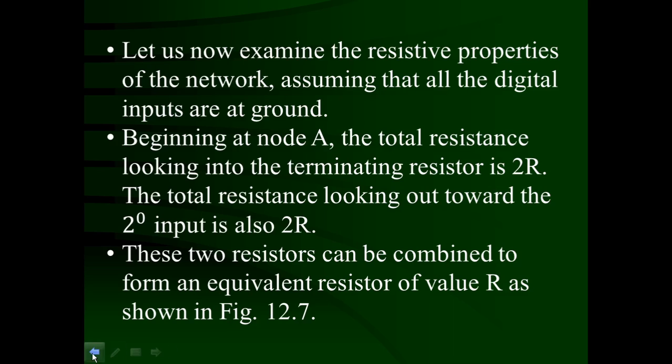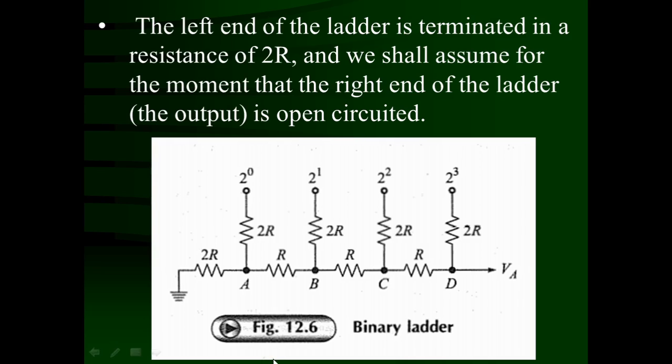So again we can see that figure. Consider that all the digital inputs are at 0, 0, 0, 0. That means all these inputs are connected to ground. That means 2 raised to 0 is connected to ground like this.